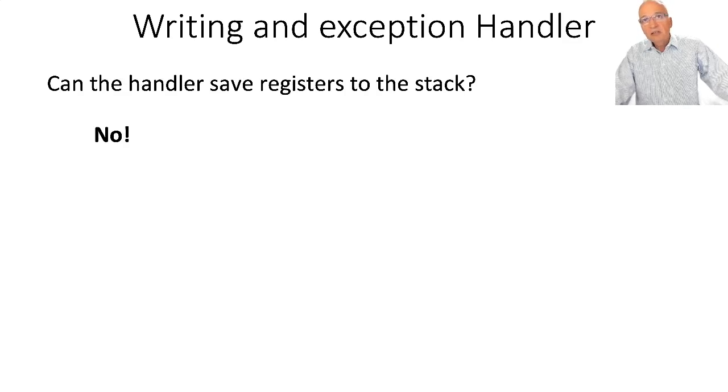And in that case, if you go treat that exception and the stack pointer already has an illegal value, decrementing the stack pointer by 4 and trying to store a value in there would still give you another illegal access. So in 229, even though RISC-V would allow you to use the stack to store values for the exception handler if you are in user level, we will assume that we cannot do that.